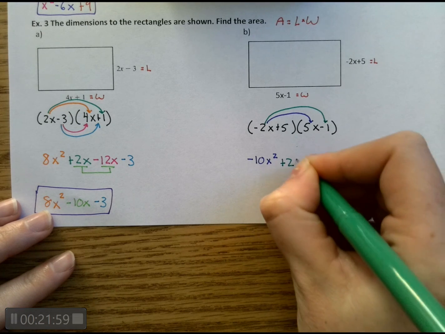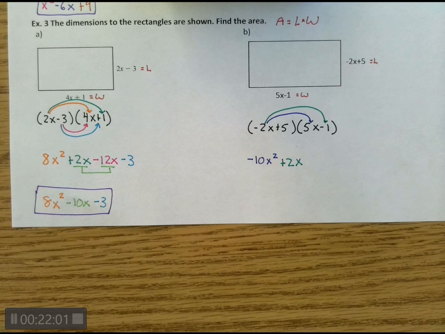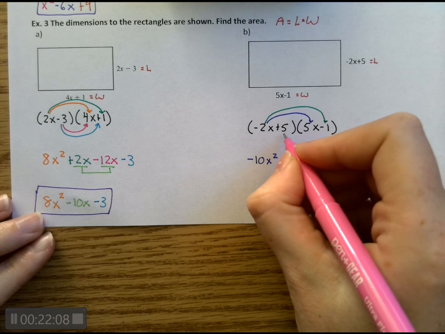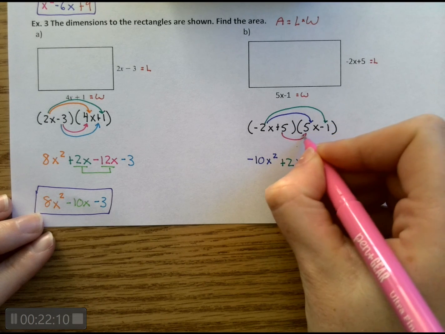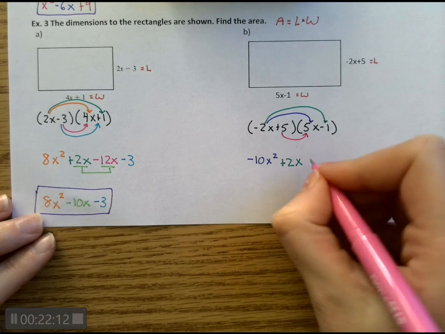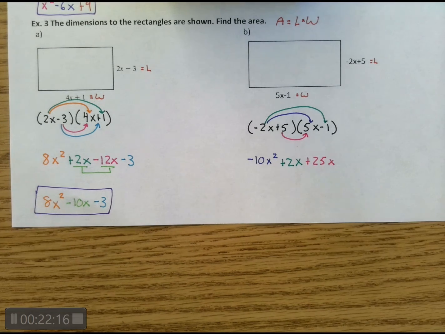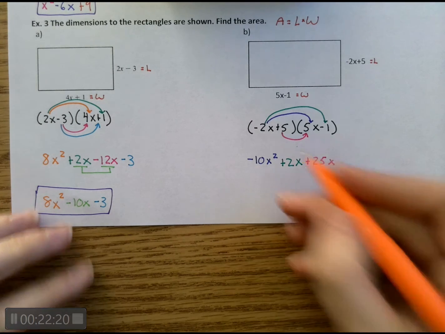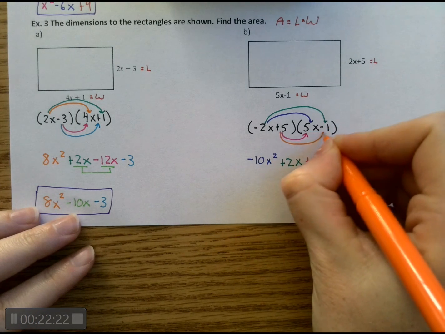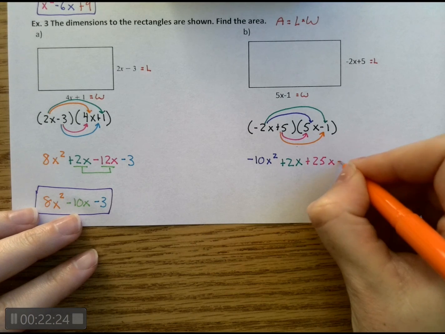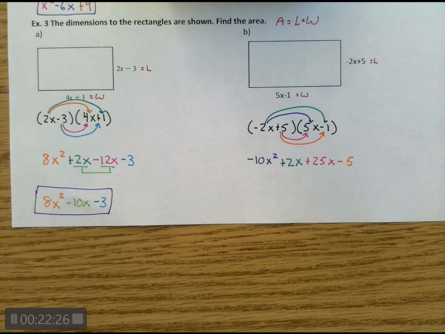So it's going to be positive 2. Count your x's. There's only 1. And then, next number, 5 times 5x. 5 times 5 will give me 25x. And then, 5 times negative 1 give me negative 5.